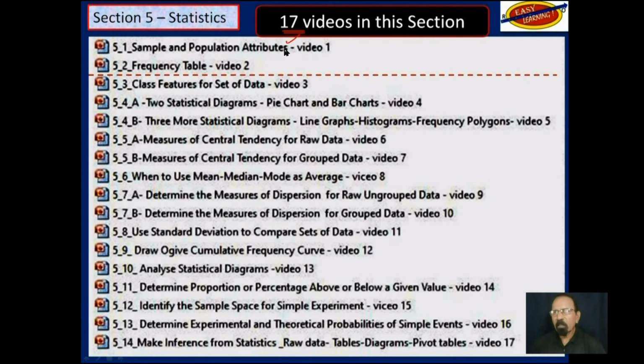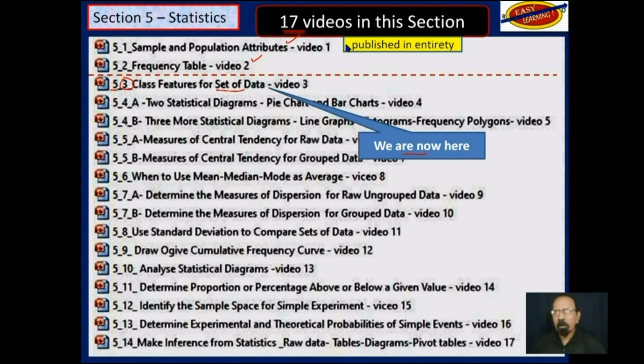We have looked at those 2 already. We are now here, objective 3 in section 5. So we are here. That one has been published in its entirety. That is this video here. This second one here is only partially published. And once I finish this third video, this will also be only partially published.